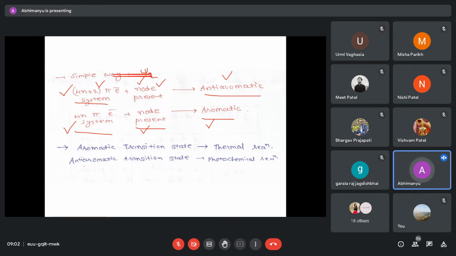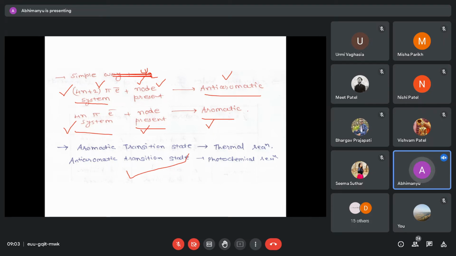So we can say that aromatic transition state is thermal reaction, and anti-aromatic is not stable, and it will require a higher amount of energy. So it is photochemical reaction. So these are the selection rules based upon the PMO method.